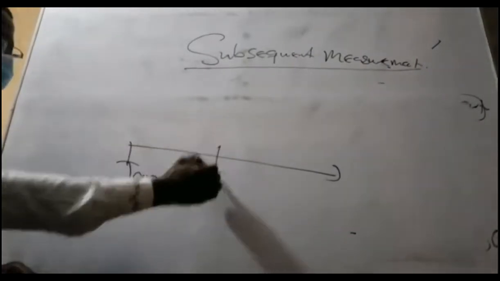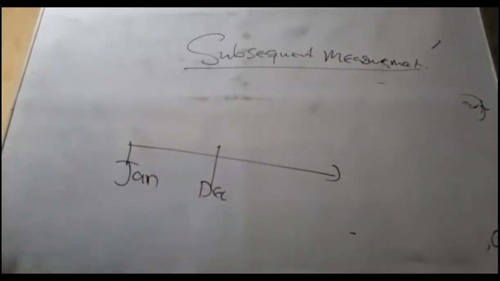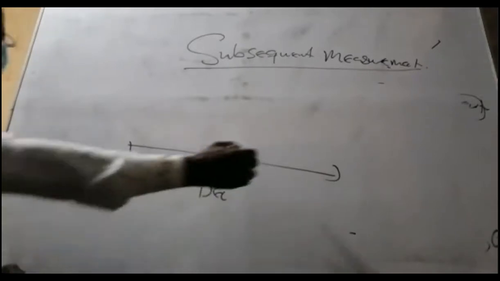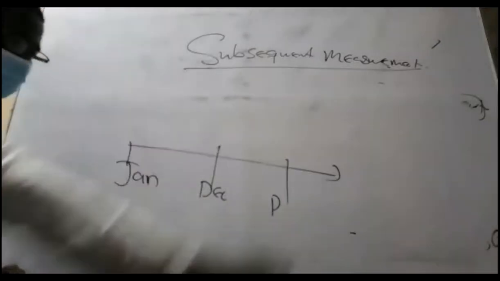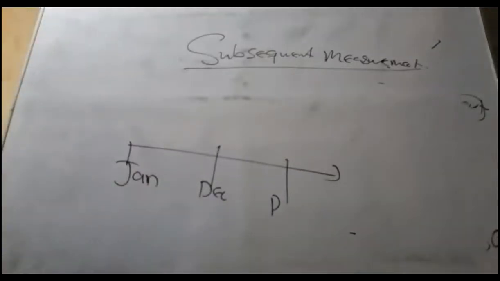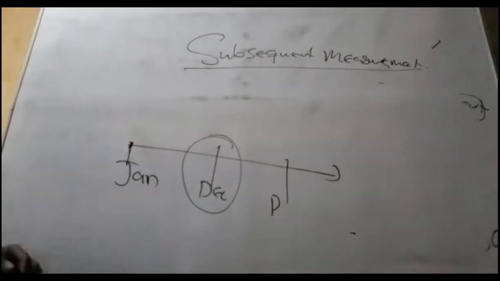Then the next reporting period, maybe December, what value will you place on the same asset? And then the next reporting period as well, and the subsequent ones until the asset is disposed of from your books. So subsequent measurement simply means measurement after the initial recognition or the initial measurement. That's what I mean by subsequent measurement.